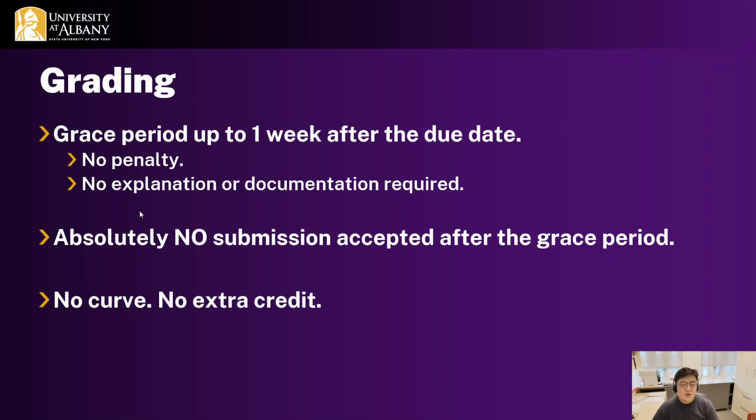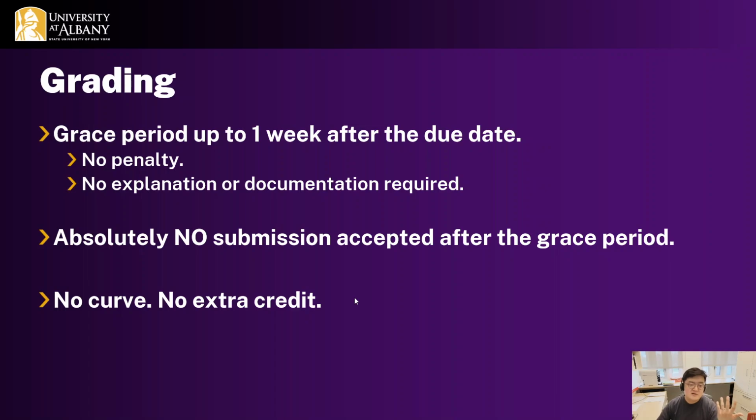Okay, and so it is a strict policy, and there is no curve, and there is no extra credit. This is based on my previous experiences. A lot of students ask for curving or extra credit opportunities, but in the end there is no difference, right?